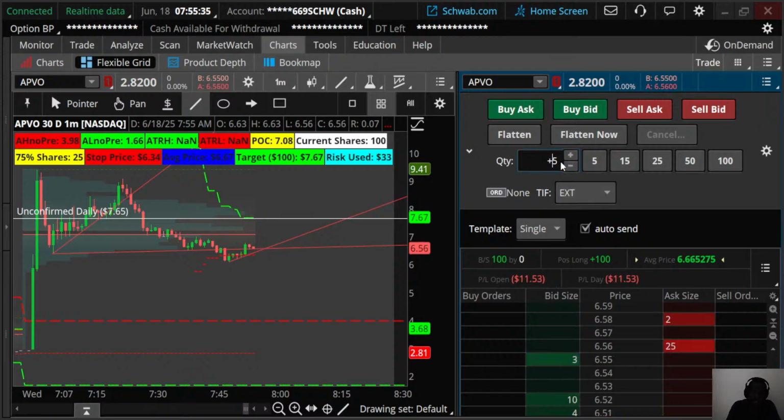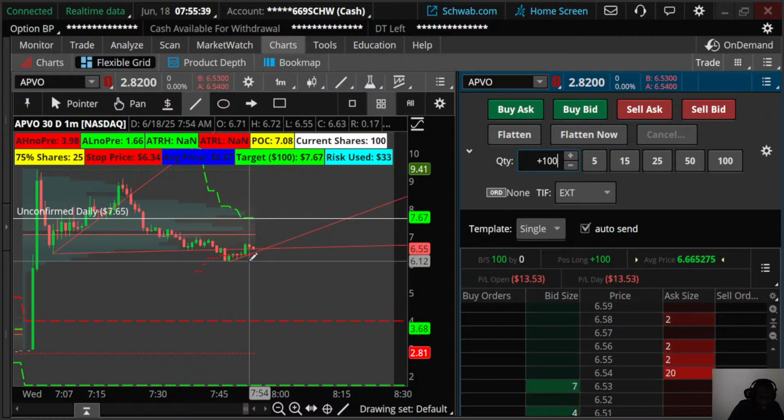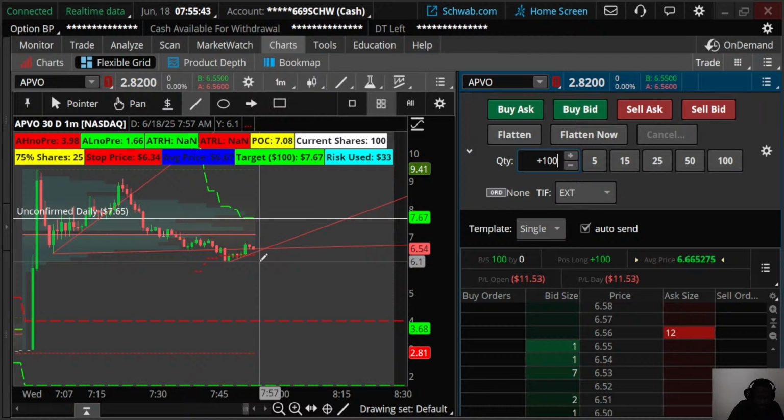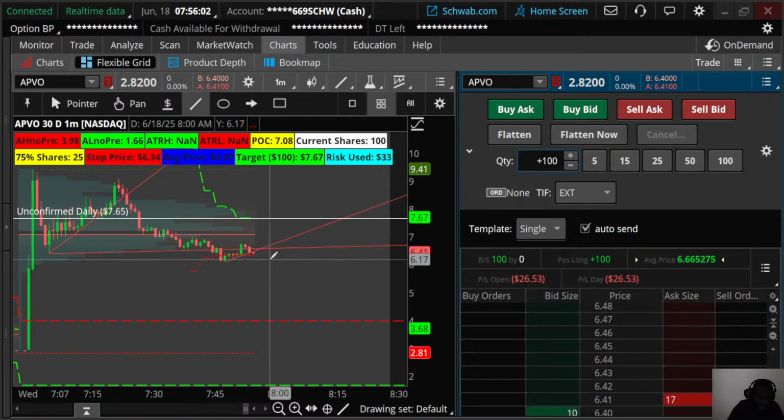Get my 100 share block ready to go out. It does want to flash down. We got a bottom down here of 612s. Looking for this one to become some type of grinder higher. That's a second check down here.